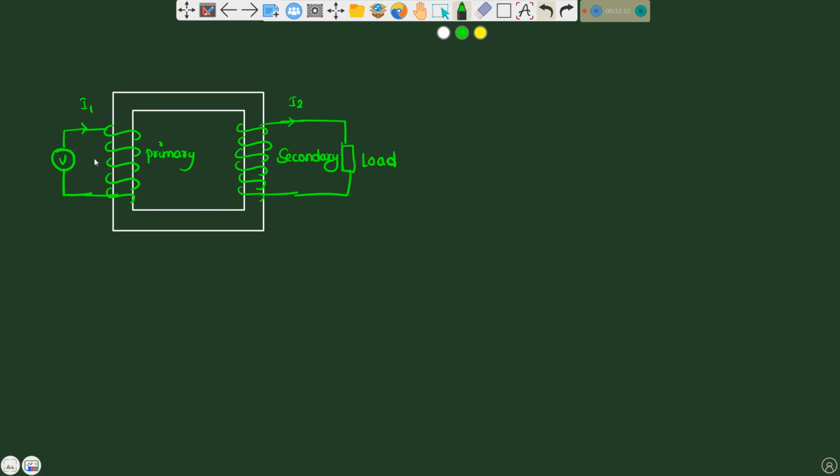It induces an EMF E1 on the primary side, and E2 on the secondary side when the flux links with the secondary winding. This is called flux. This is called the magnetic core.